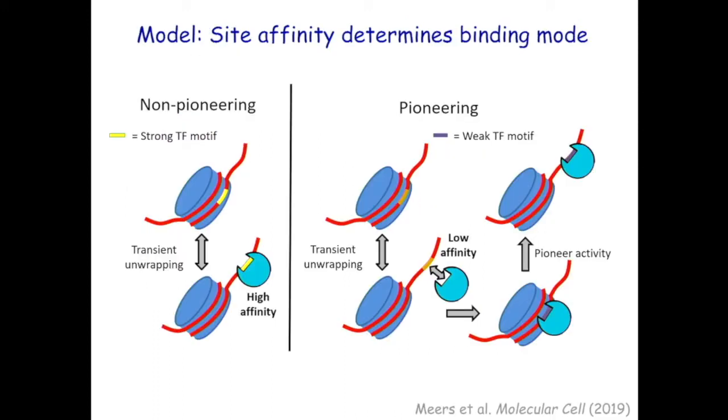So the next slide, here's how we're thinking about it. If it's a high affinity, non-pioneering site, it'll just bind. However, if it's bound to the surface of the nucleosome, then other parts of the protein can stabilize it. So for example, FOXA2 has two winged helix domains. Those are found in H1 that Barbara referred to.